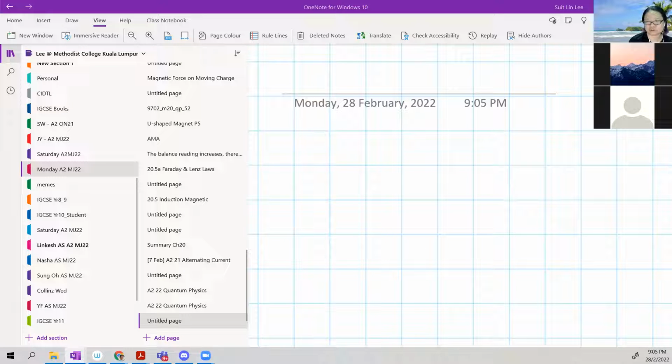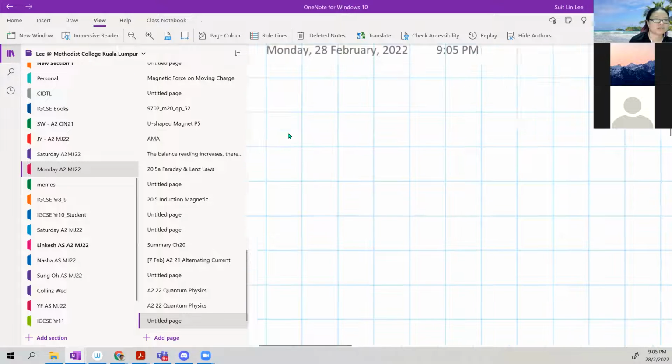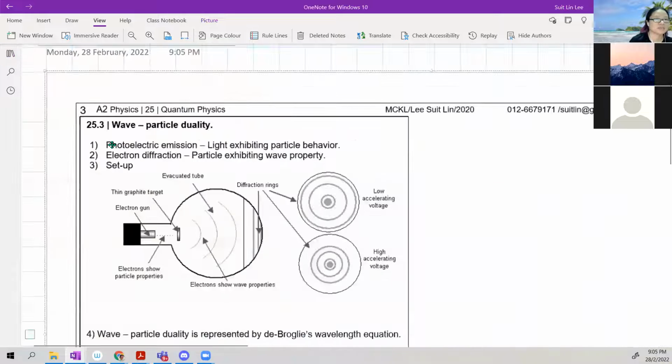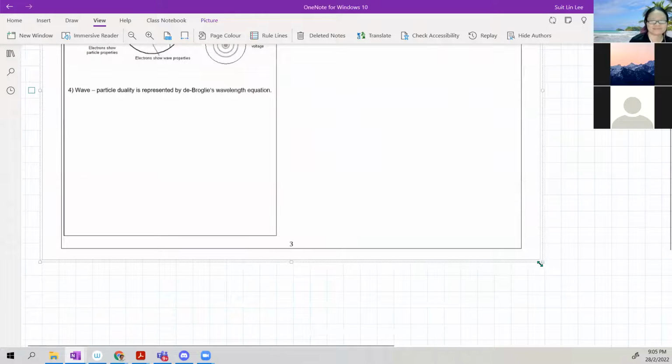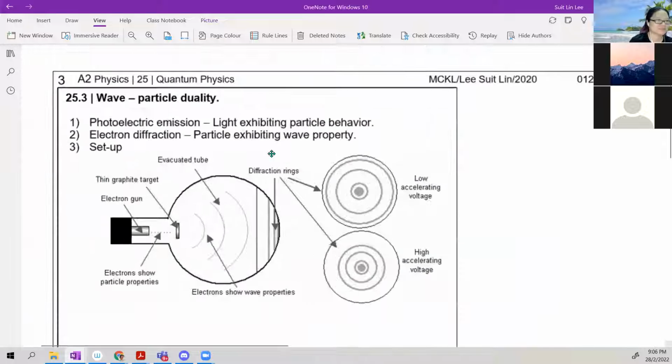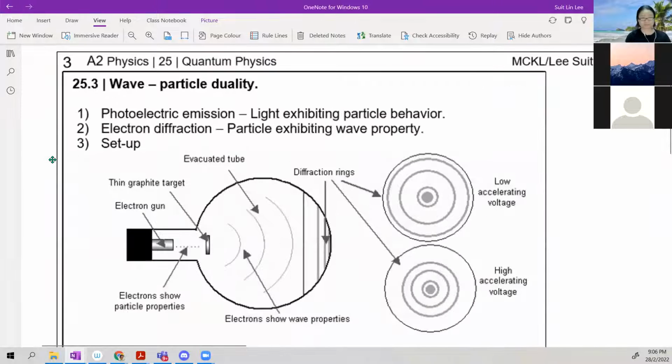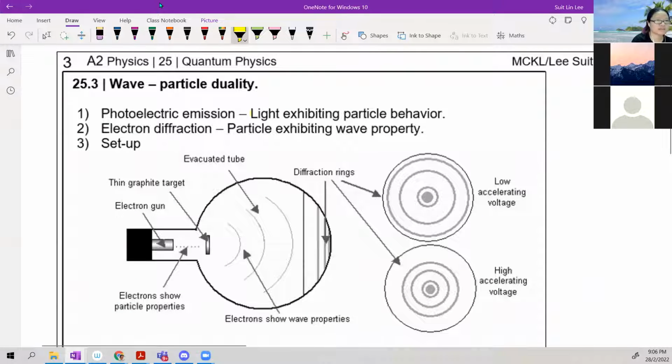We are sort of close to the threshold of physics already, but I want you to understand, today we're going to look at the wave-particle duality. Duality means both also can.